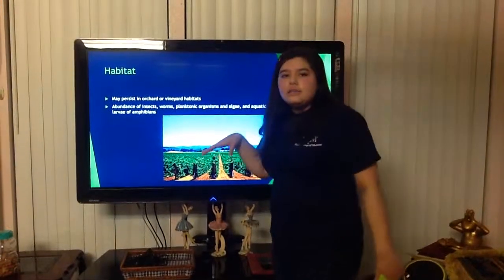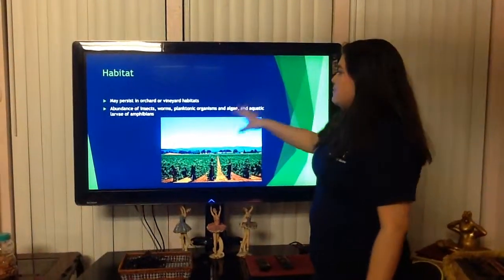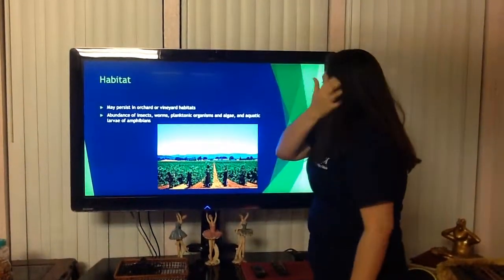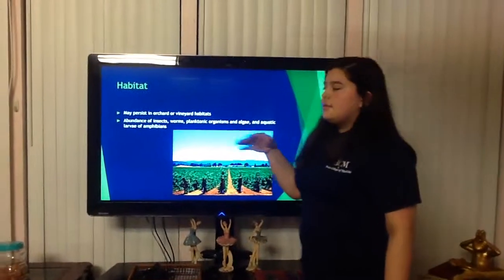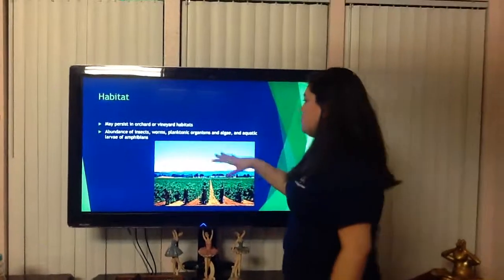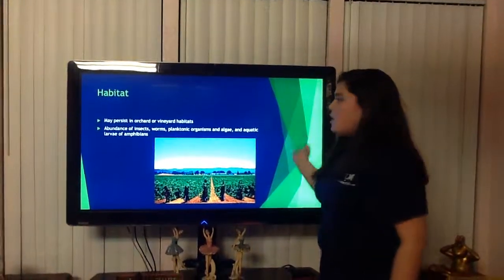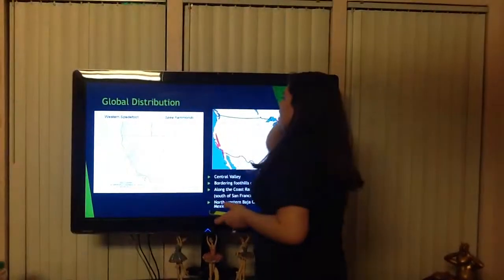Although it is rare, these toads can live for a few years in orchards and vineyard habitats, which are very common in California. And of course, to satisfy their food needs, the environment needs to have an abundance of insects, worms, planktonic organisms, and algae, as well as the aquatic larvae of amphibians, including their own.